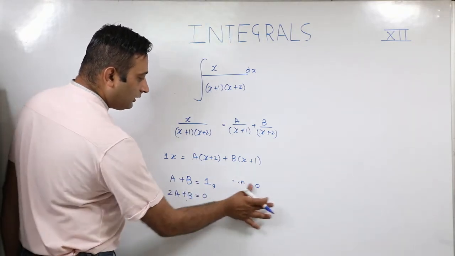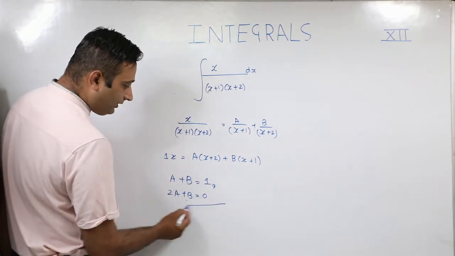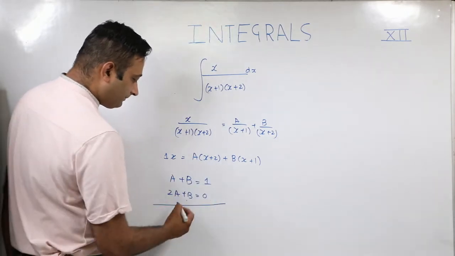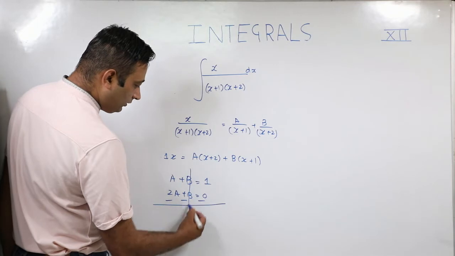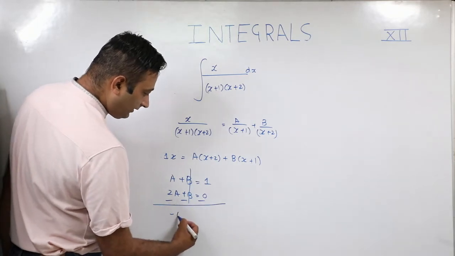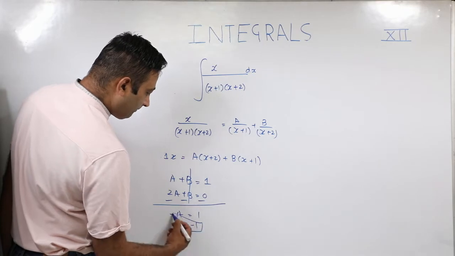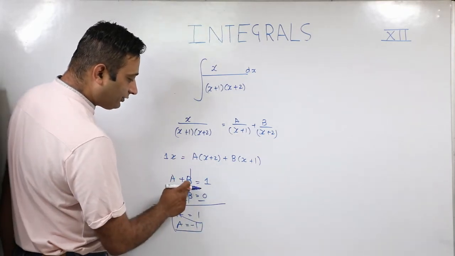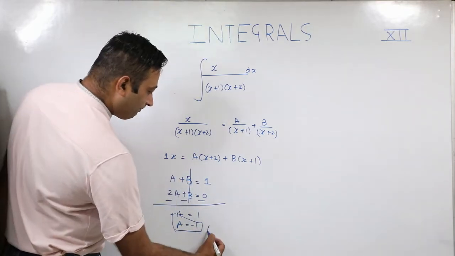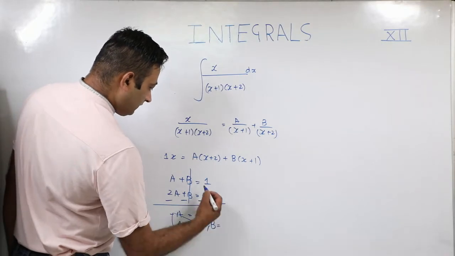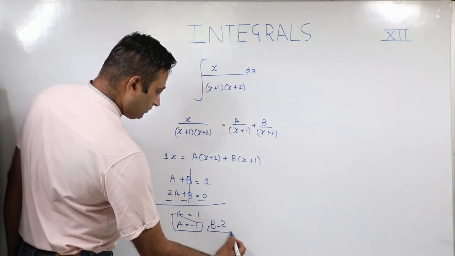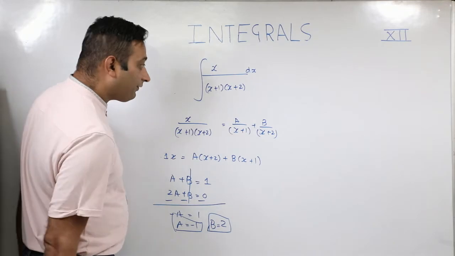We can use the method of elimination to find a and b. So we'll eliminate b, and we'll get minus a is equal to 1, so a is equal to minus 1. We'll put the value a is equal to minus 1 in equation number 1, and we'll get b is equal to 2.